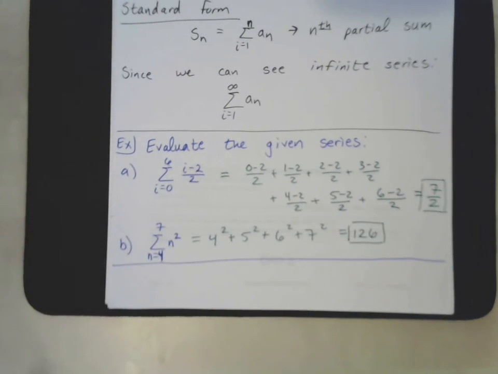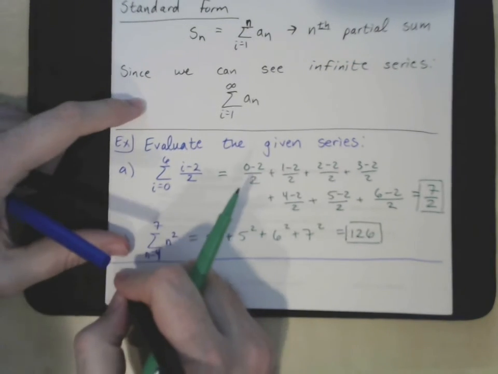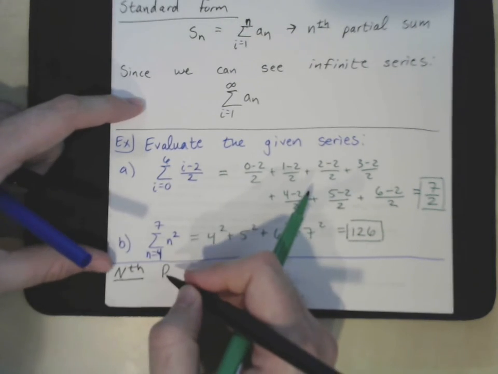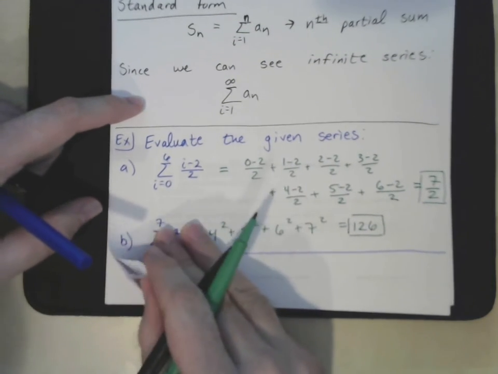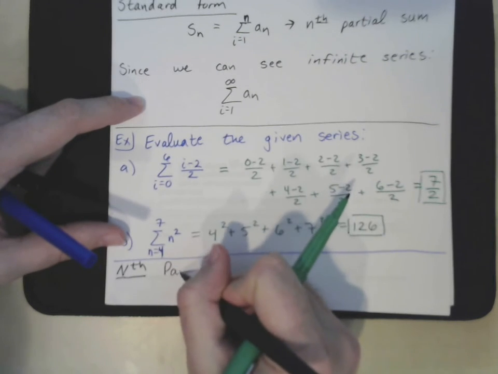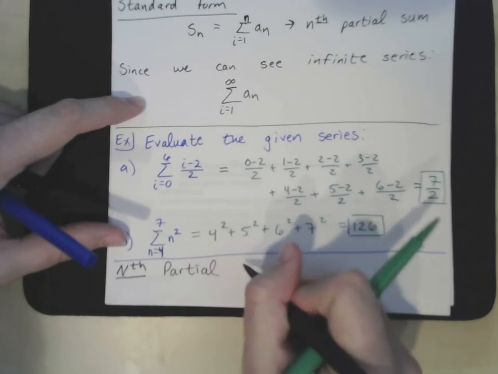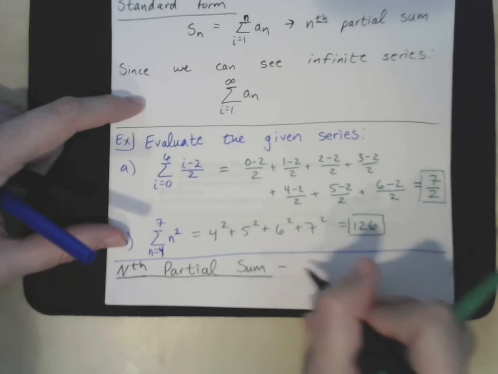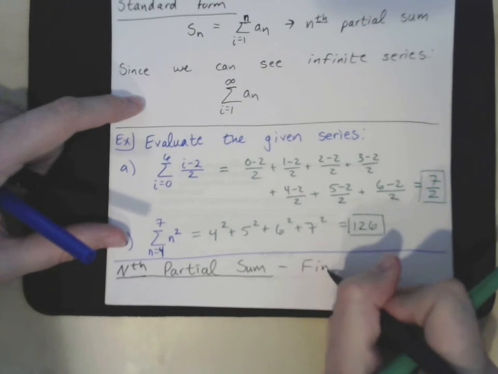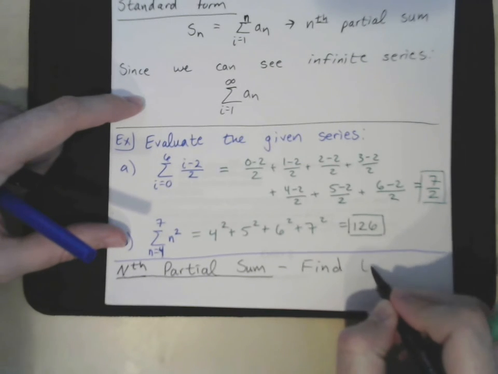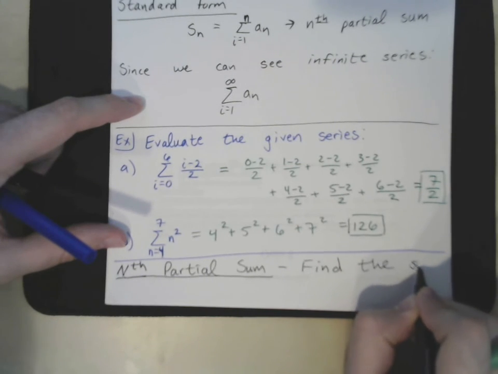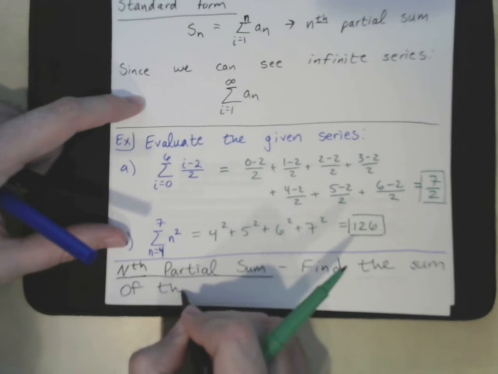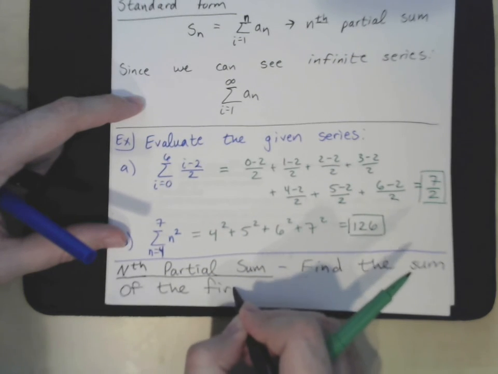So when we're told to find the nth partial sum, it means find the sum of the first n terms.